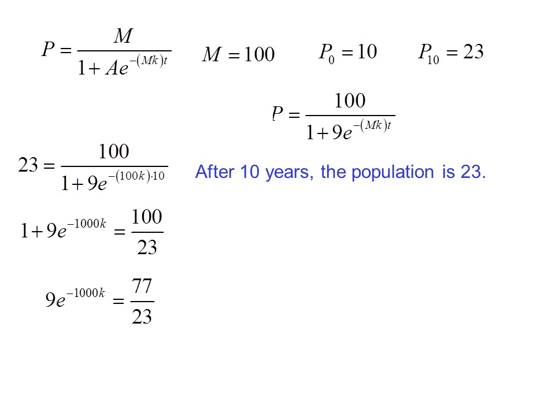because we subtracted 1 from both sides. e to the negative 1000k equals 0.371981. Obviously, we move to the calculator in this step.